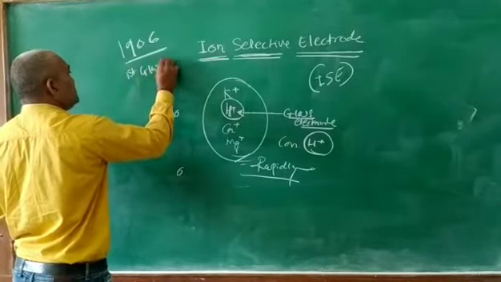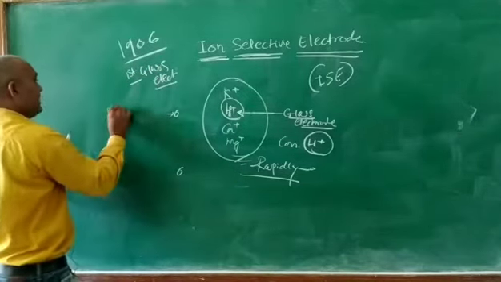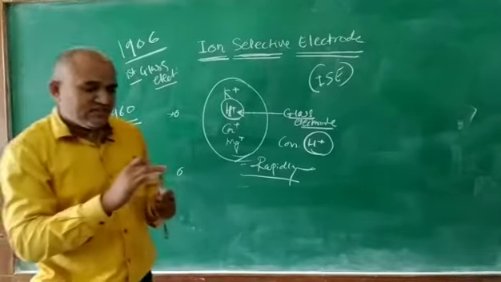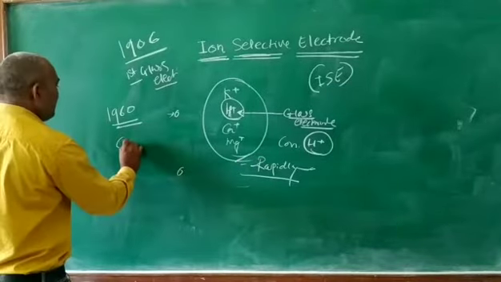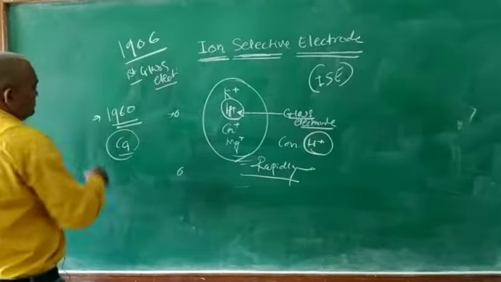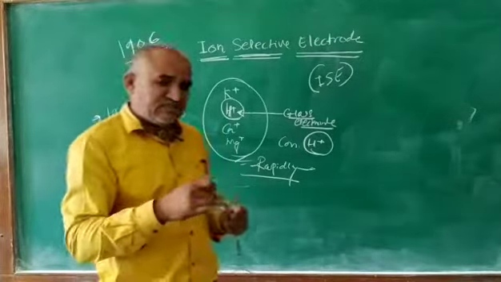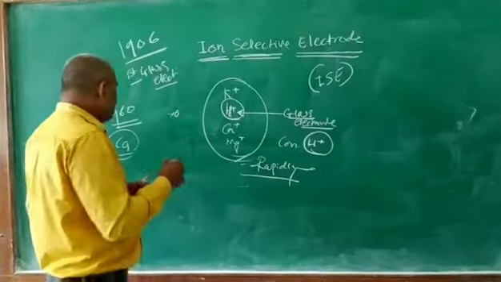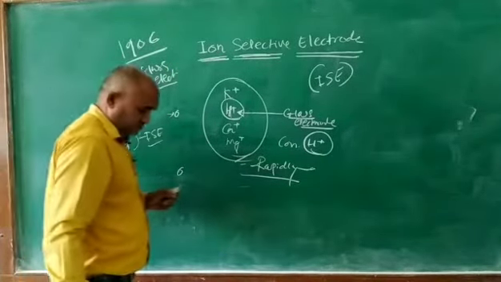In 1960, by changing the membrane of this glass electrode, it was used for the measurement of ions. So from 1960, by changing its membrane, it is used as an ion selective electrode.